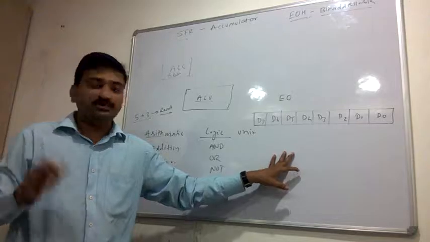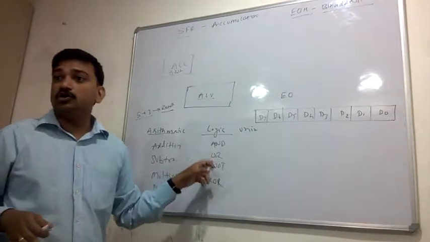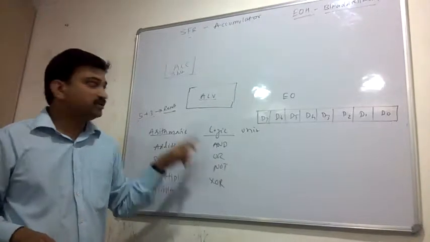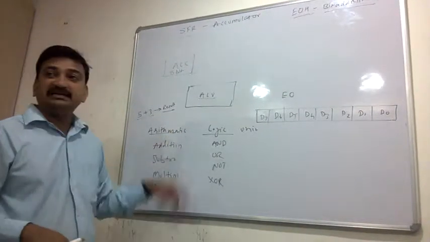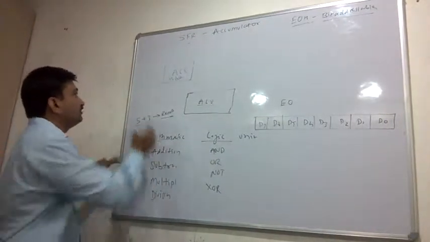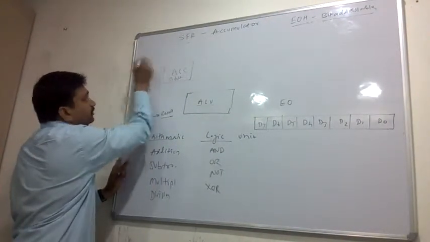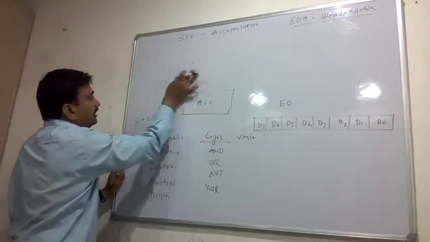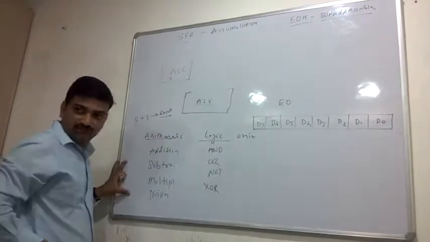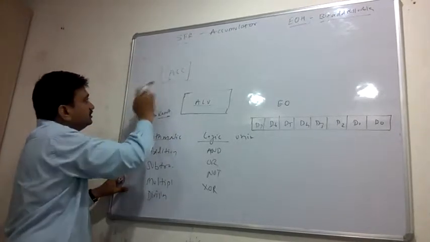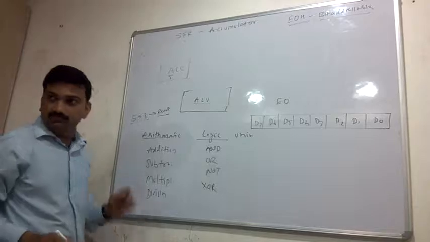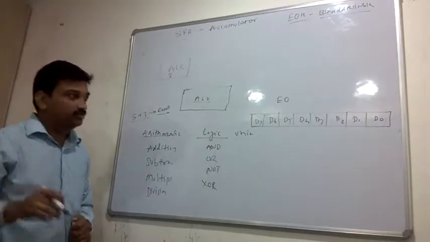Suppose there is 5 plus 3. I put 5 in the accumulator and 3 elsewhere in the RAM. After the addition instruction, the result will be stored in the accumulator. This is an important function.